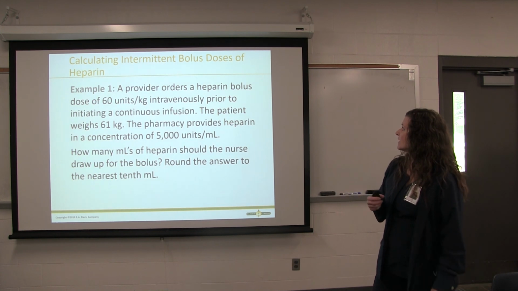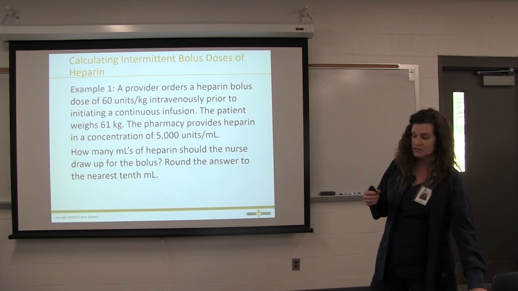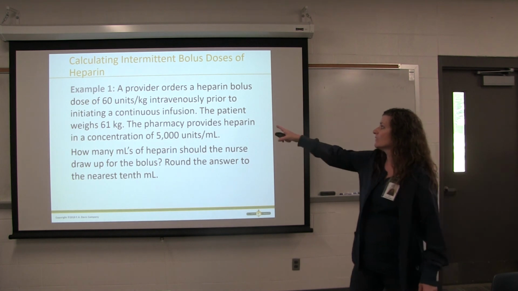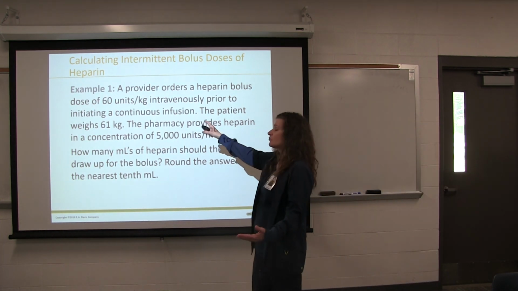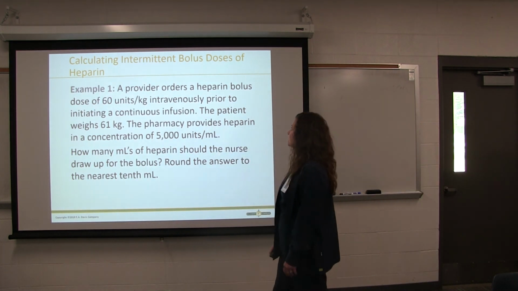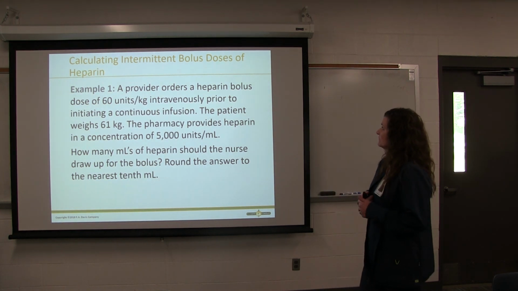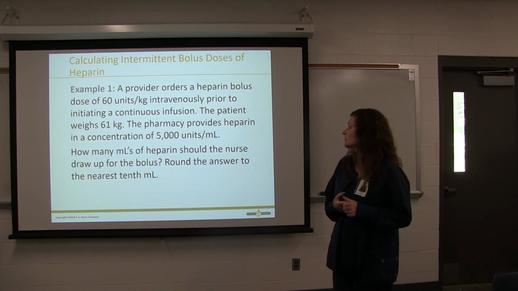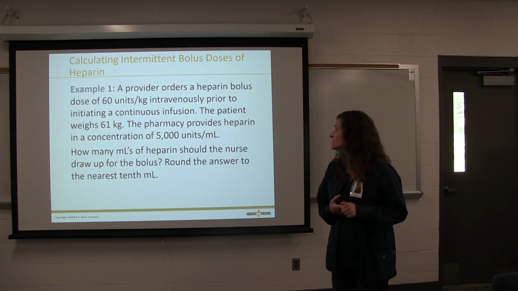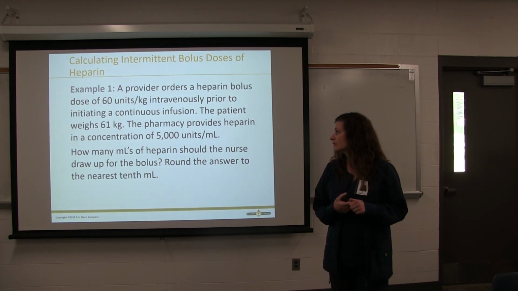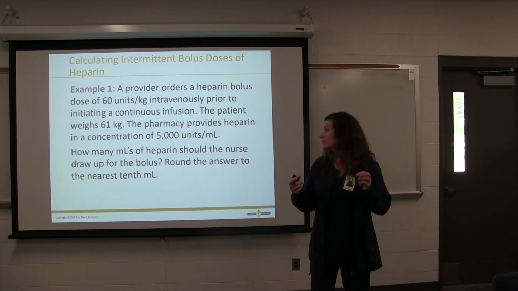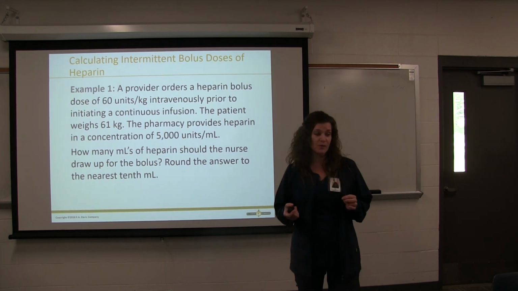Okay, provider orders heparin bolus 60 units per kilogram. We recognize right off this is going to be based on patient's weight. IV, prior to initiating a continuous infusion, the patient weighs 61 kilograms. Pharmacy provides it in a concentration of 5,000 units per mL. How many mLs are we looking to give for the bolus?